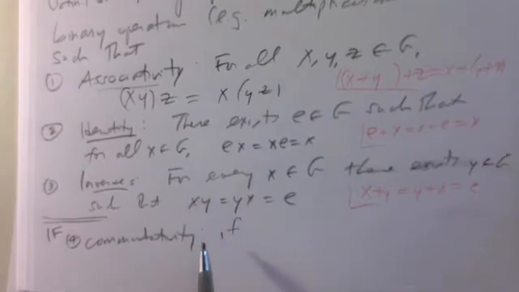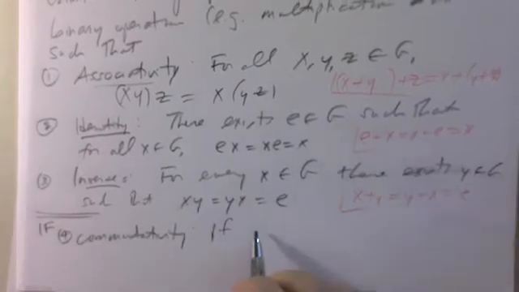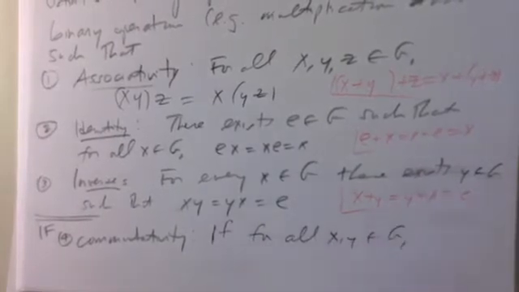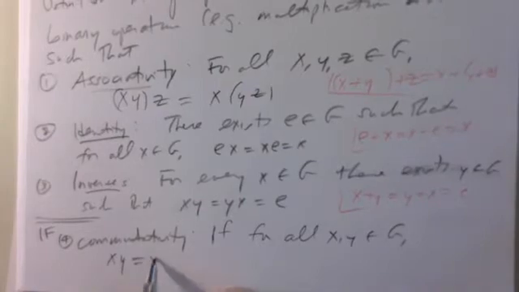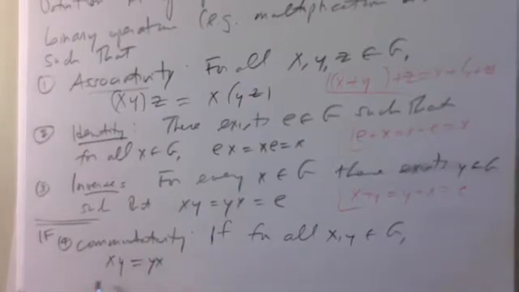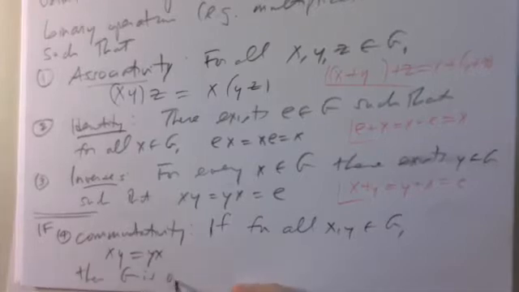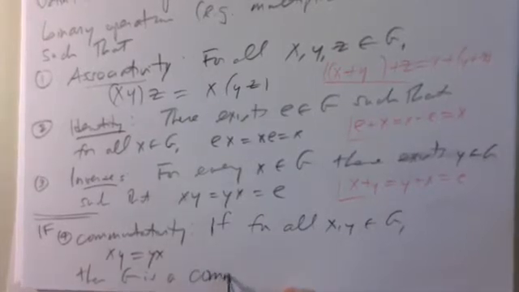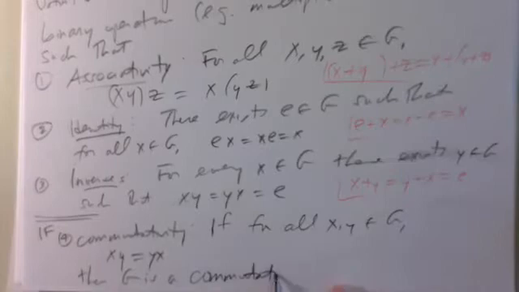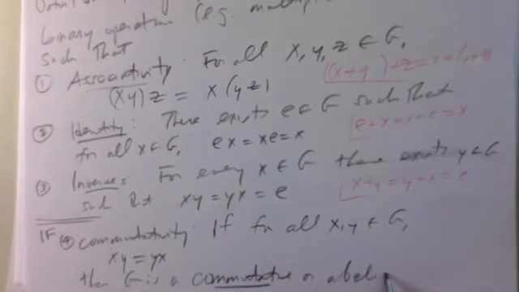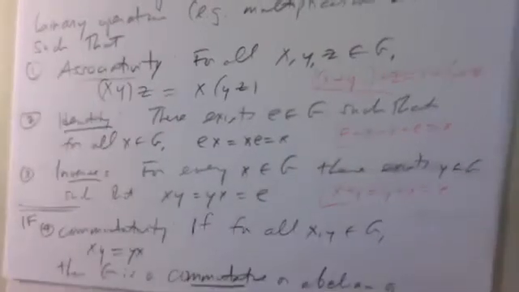So if for all x and y in the group, x times y is the same as y times x, then G is called the two terms which are synonyms, commutative or abelian group.